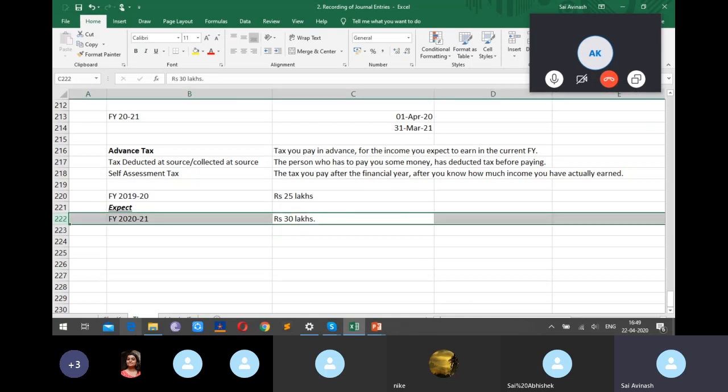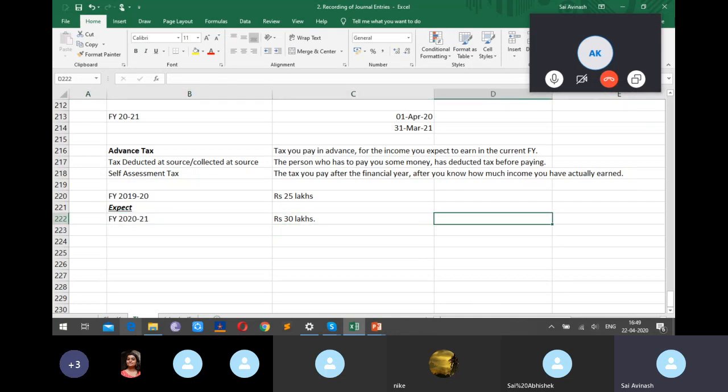You expect that this is what you will be earning. So what you have to do is, let's presume that the tax rate is 30%. It is a presumption. There are multiple tax rates, don't worry about it. You have to pay 30% of 30 lakhs, which is 9 lakhs, in installments during the current year.